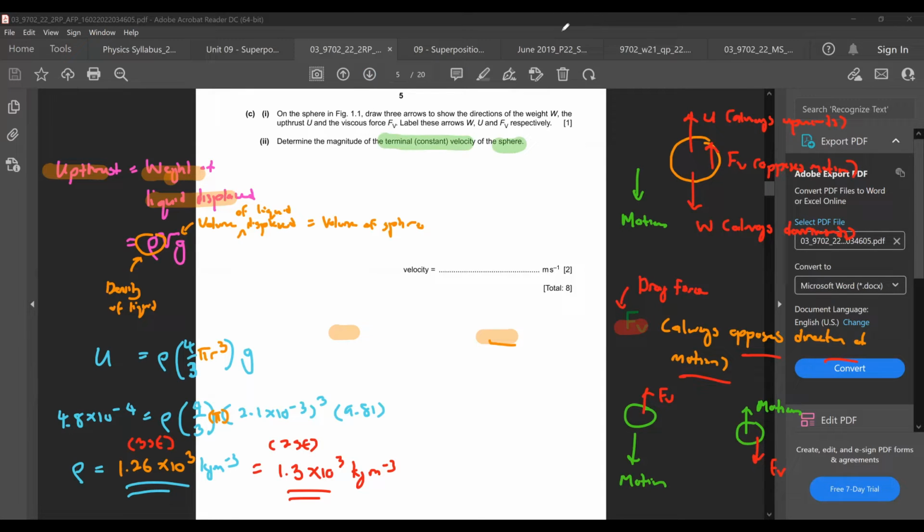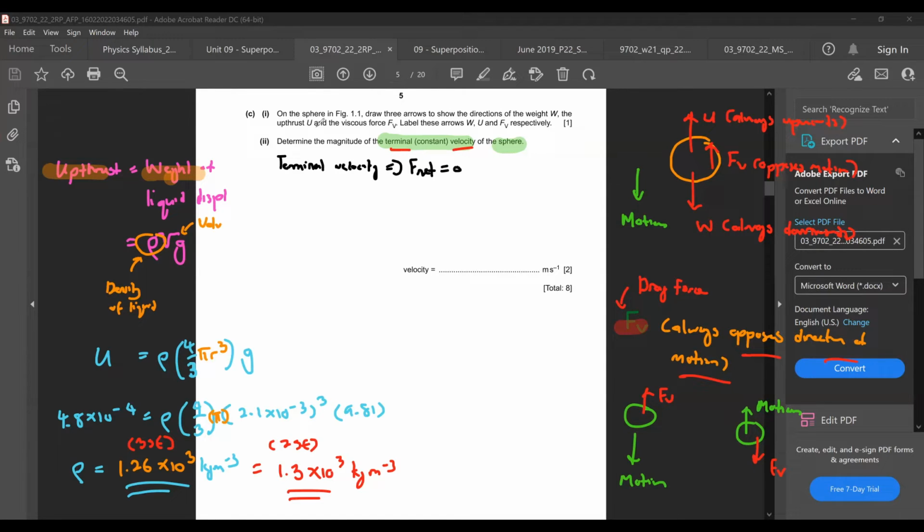Now, one of the main things that you've learned for terminal velocity is that when you have terminal velocity, your net force is 0.